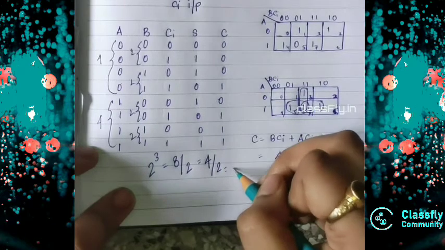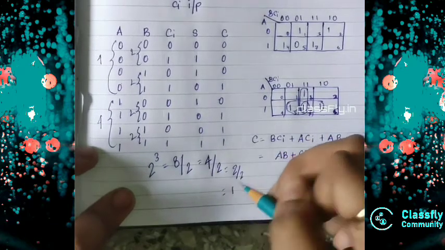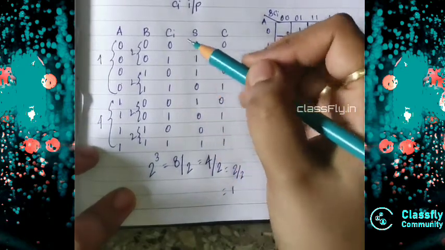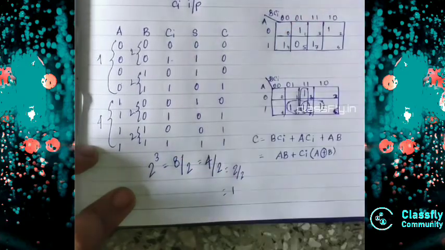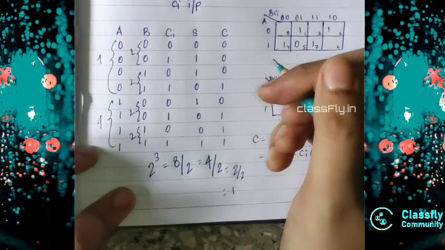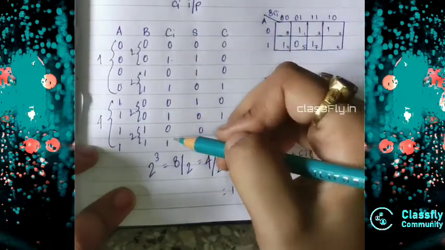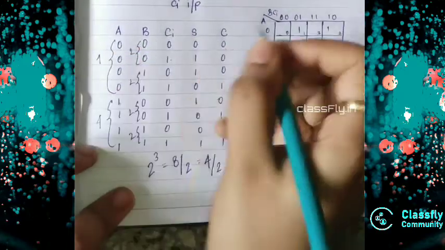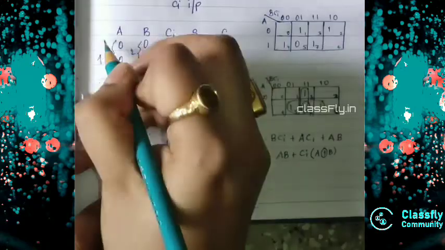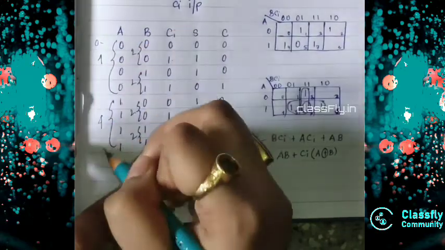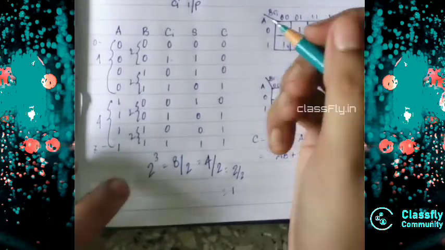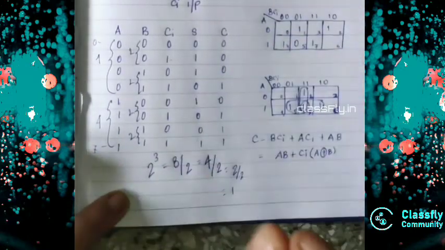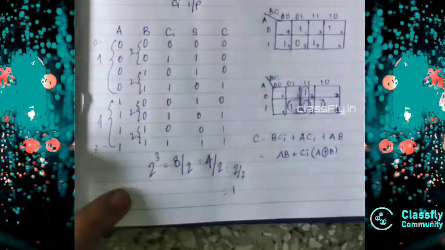And when we divide by 2 again, we get 1. So in the third column we do 0 1 0 1 until we reach the 7th row, or the 8th row if I start with 1.